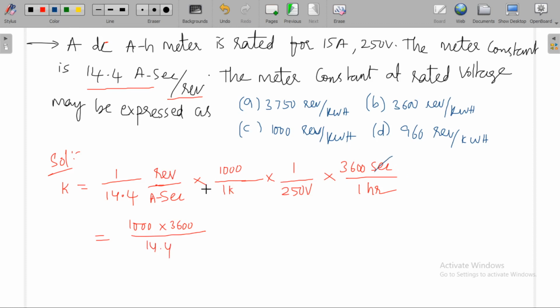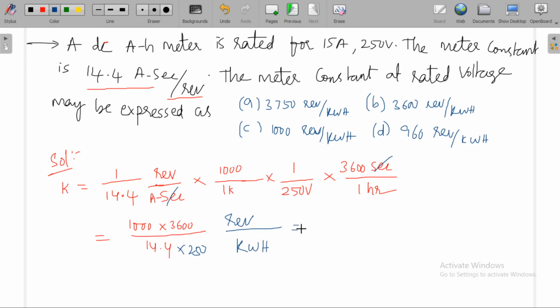Seconds will get cancelled, then 250 volts, revolutions by volts multiplied by amps multiplied by kilo multiplied by hour, you are going to get kilowatt hour.